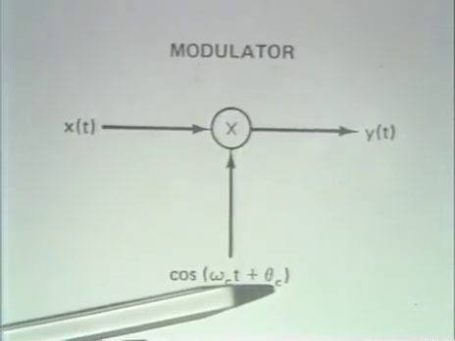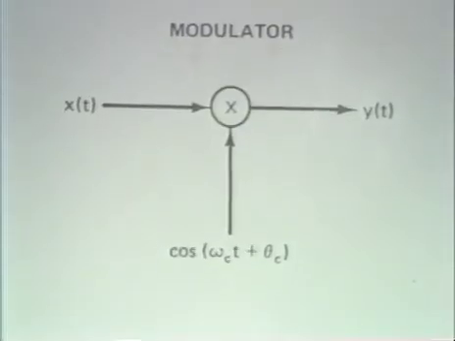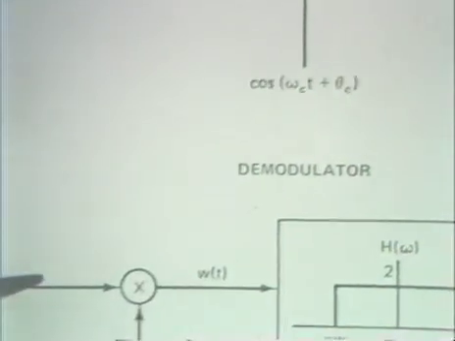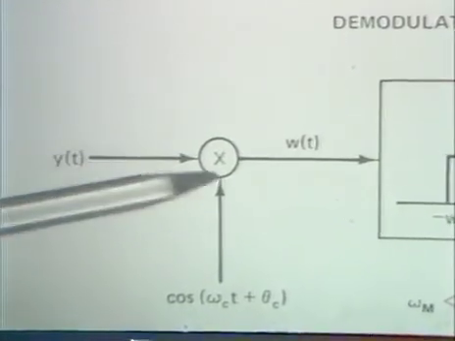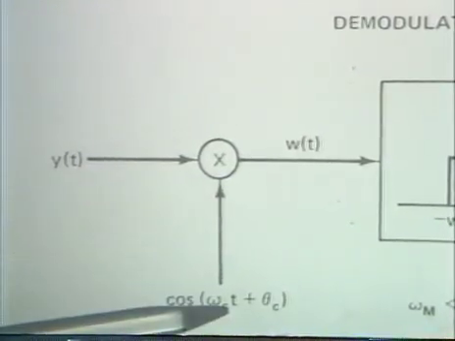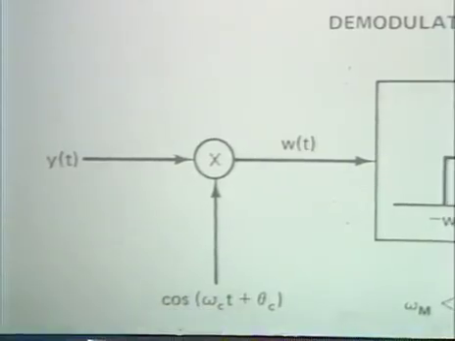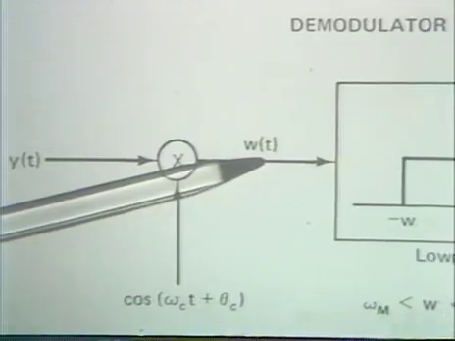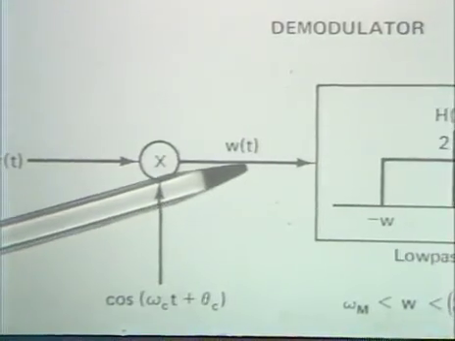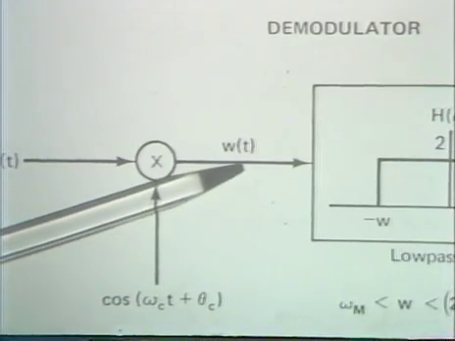In the demodulator, we would take the modulated signal, modulate it again with the same carrier signal, and as we'll see later, it's important to keep the same phase relationship.